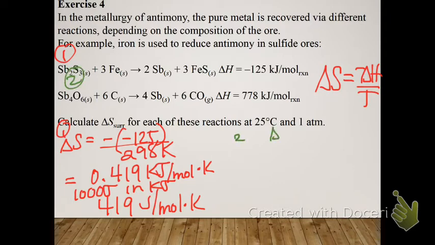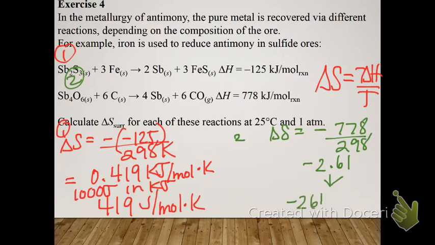We're going to have delta S equal to negative 778 over 298. That's going to give us negative 2.61. Converting it to joules, times 1,000, it's going to be a negative 2610 joules per mole K.